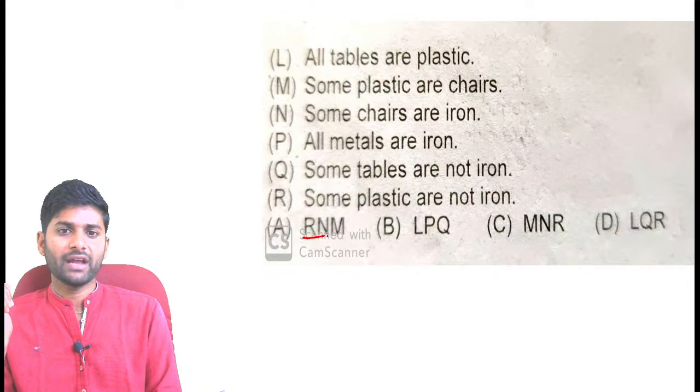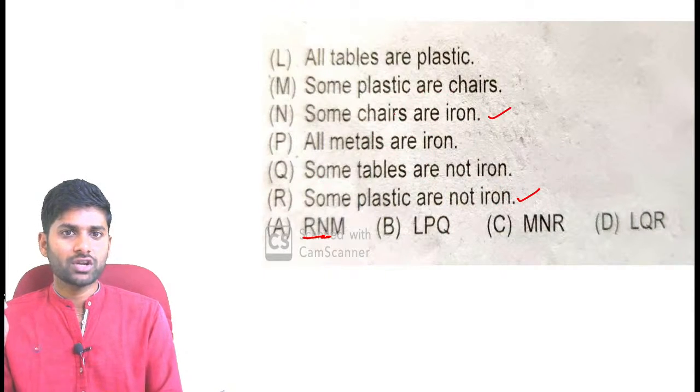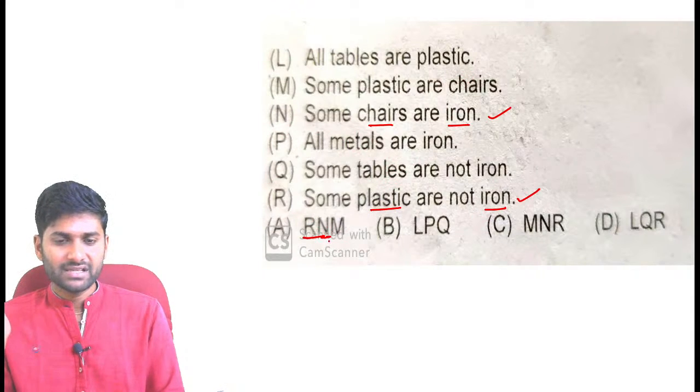You just draw the diagram for R and N. What is R, N, M? Does M logically follow or not? See, first of all, identify that here chair, iron, here plastic, iron. We want chair to become plastic. Now see, just draw the diagram, guys.